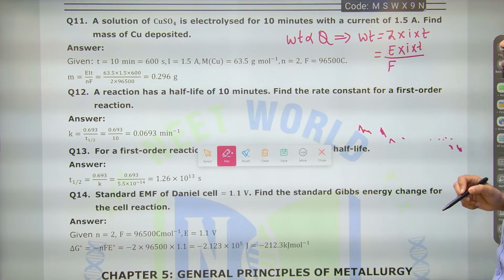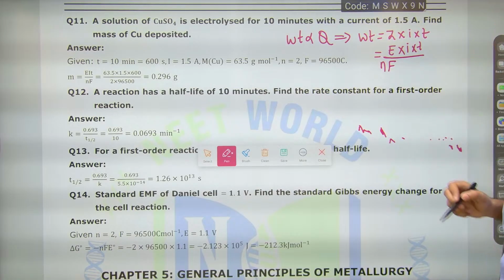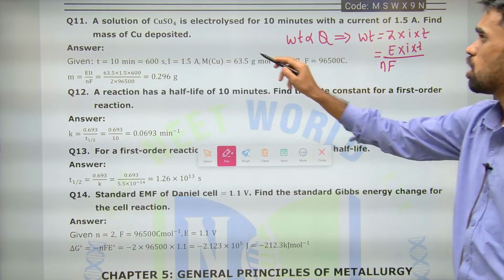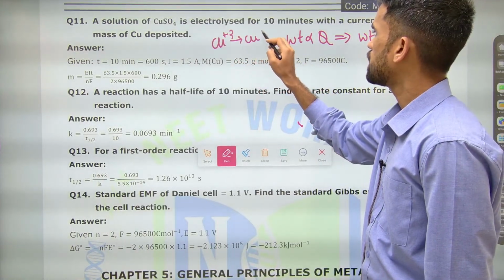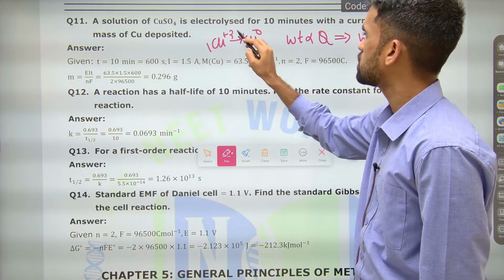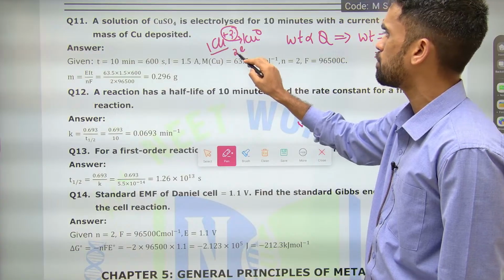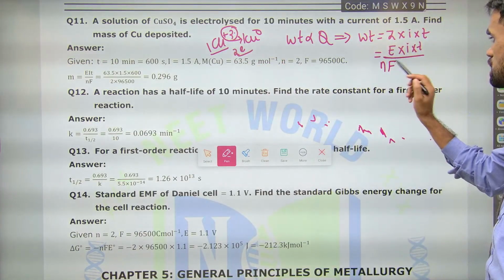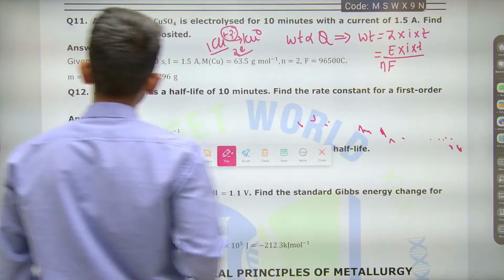If n electrons are involved, you take n. Here copper plus 2 is converting into copper. How many electrons are involved for 1 mole conversion? Plus 2 converting to 0 means 2 moles of electrons. For 1 mole of copper, 2 moles of electrons are required, so the n factor here is 2.